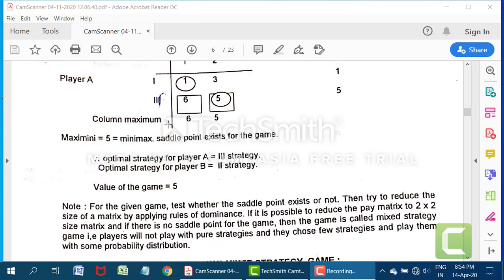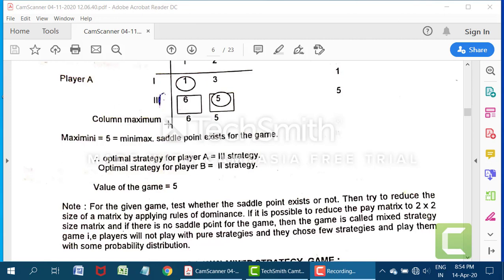If the saddle point is not obtained, if there is no saddle point for the game, such games are called mixed strategy games. Solving mixed strategy games is possible by applying special methods. If the reduced game size is 2 by 2, no saddle point, arithmetic method. If the game size is 2 rows and n columns, no saddle point, then go for the graphical method.